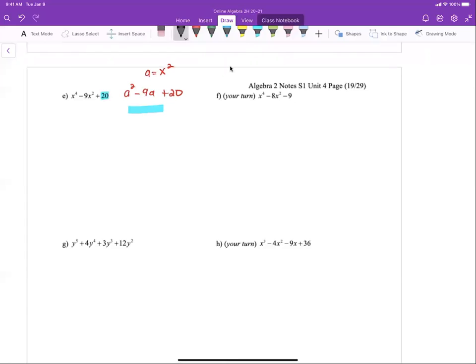In the past, we find two numbers that multiply to 20 and add to -9. That will be, let's see, -10 times, hold on, what are they? Oh, 4 times 5.